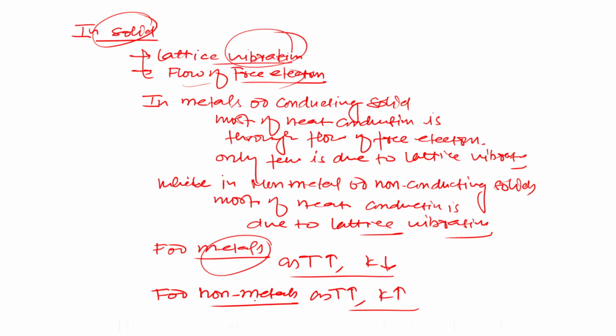So in solids, the energy carriers are electrons and phonons. Phonons means lattice vibration. These are the two main carriers of energy in solids: one is phonons, the other is electrons.